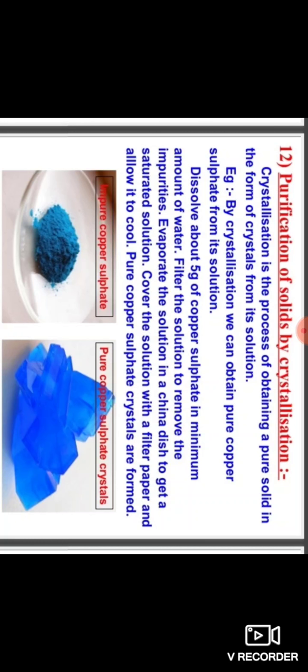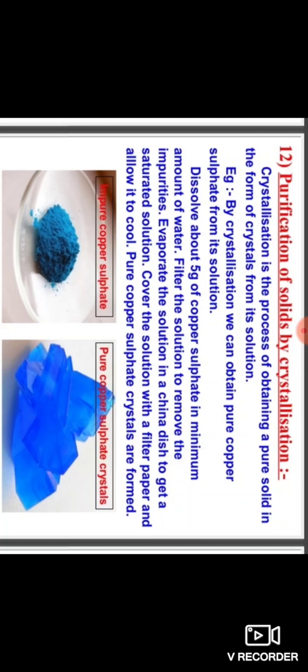Evaporate the solution in a china dish to get a saturated solution, and cover the solution with a filter paper and allow it to cool. Pure copper sulfate crystals are formed.